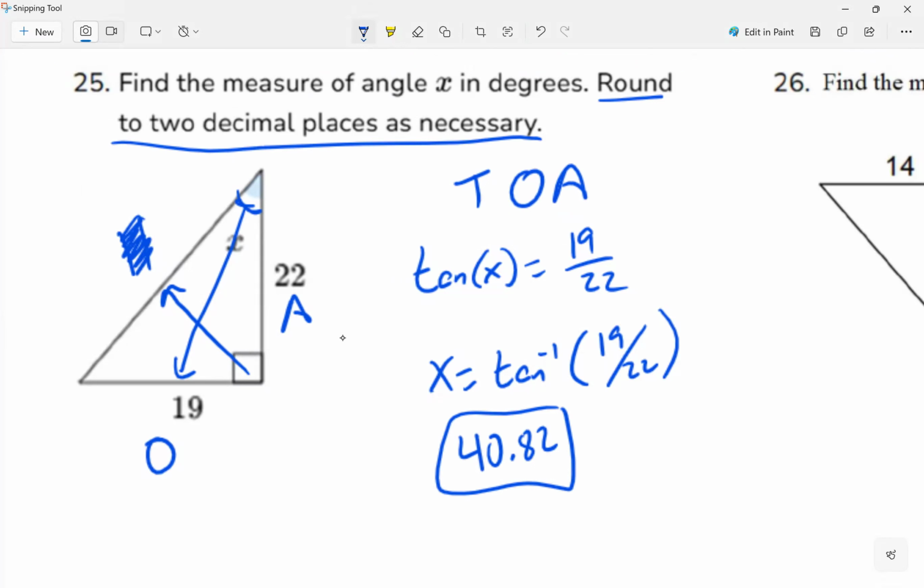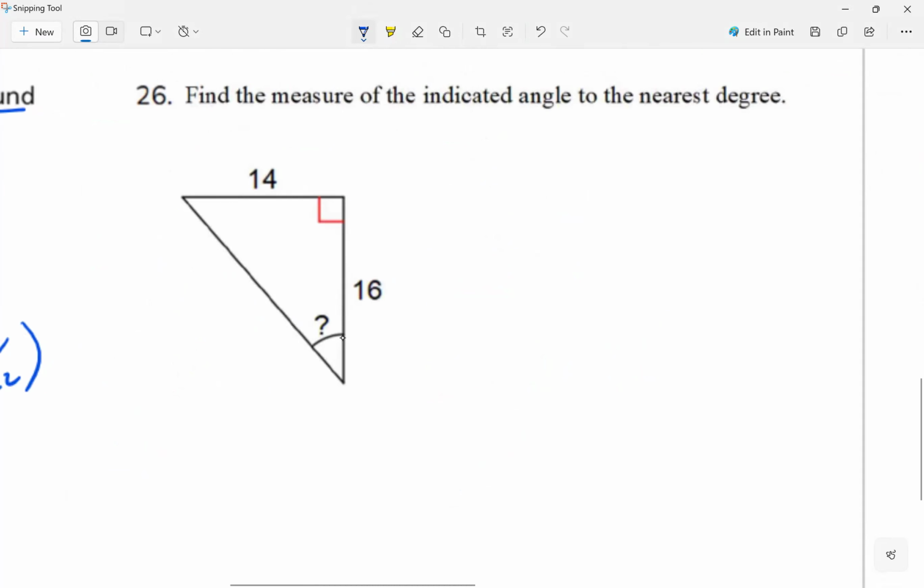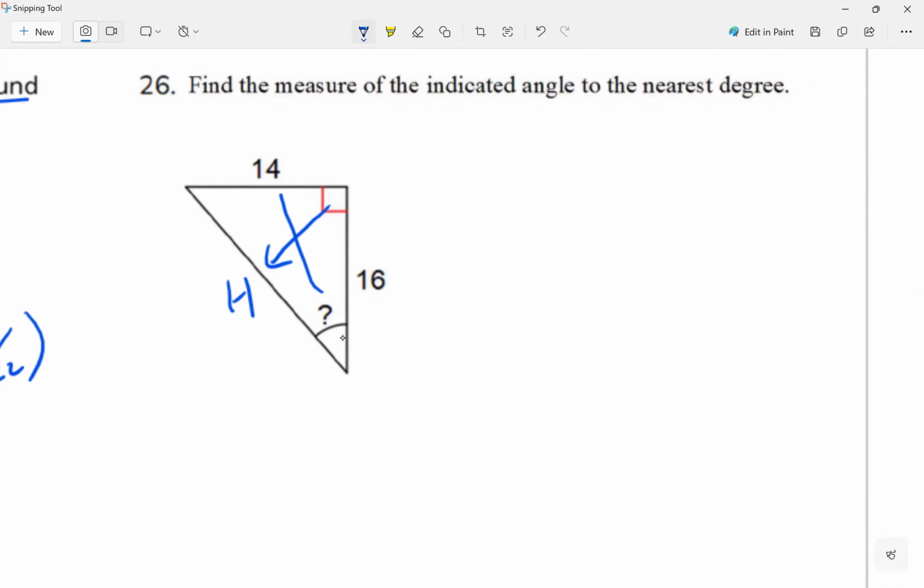Okay. Lastly, let's take a look at number 26. From the 90 degrees, the opposite of 90 degrees is the hypotenuse. From this question mark, farthest away, that's what we call the opposite. That means 16 is my adjacent. I have no idea how big the hypotenuse is. I only have information about the opposite and the adjacent, so I'm going to be using my acronym TOA.